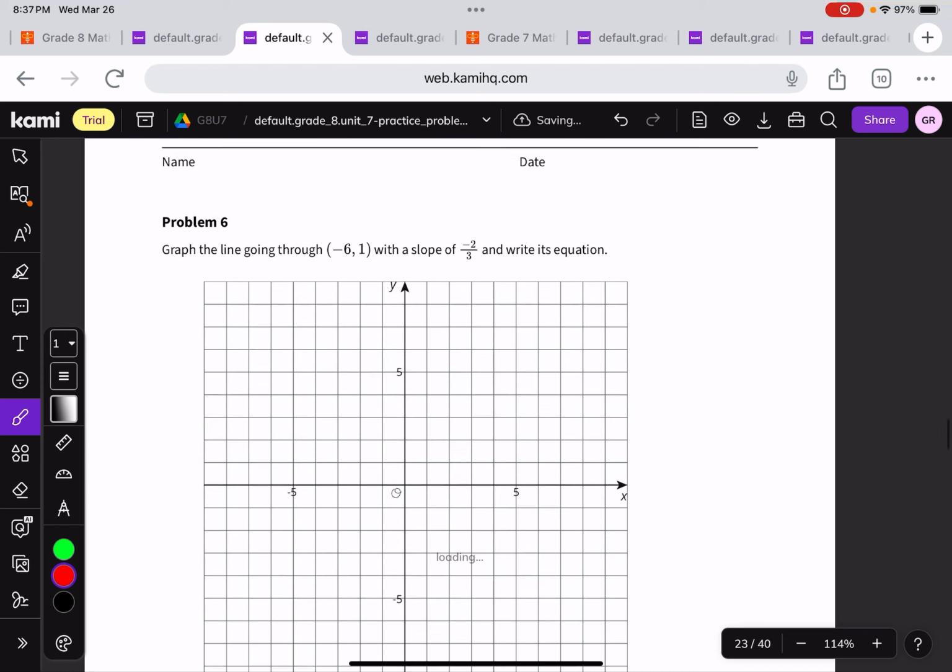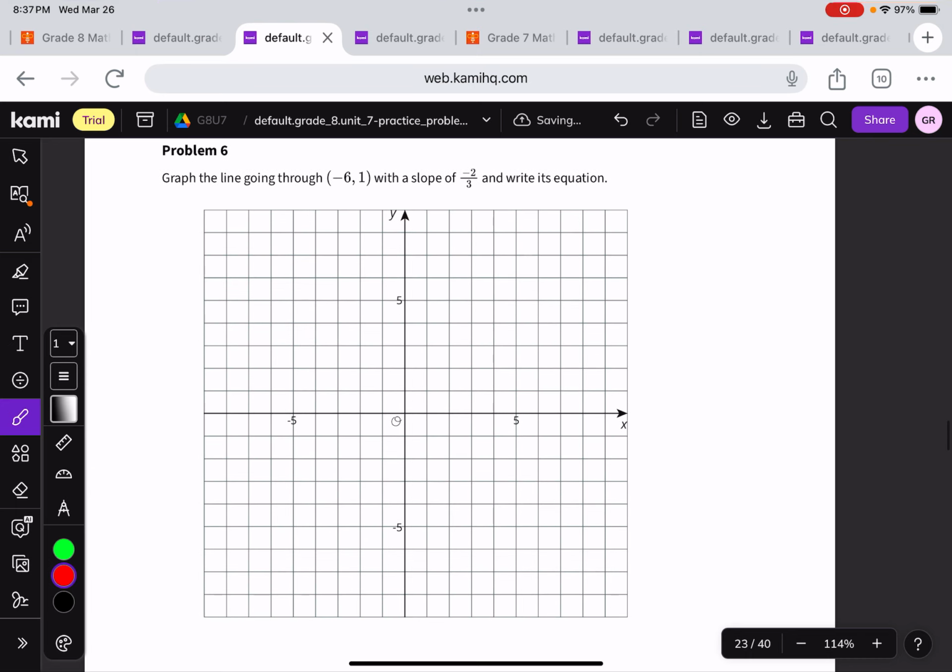And then finally, problem 6 says graph a line going through negative 6 comma 1. Negative 6 comma 1, that's right here, with a slope of negative 2/3. That means starting there, it's going down 2 over 3. Down 2 over 3. And guess what?